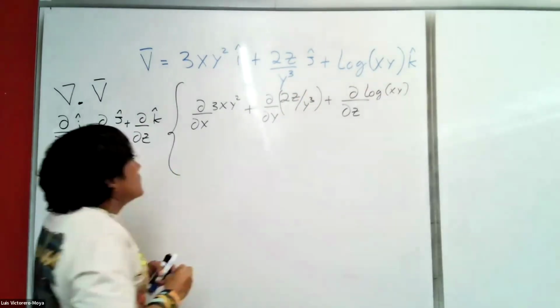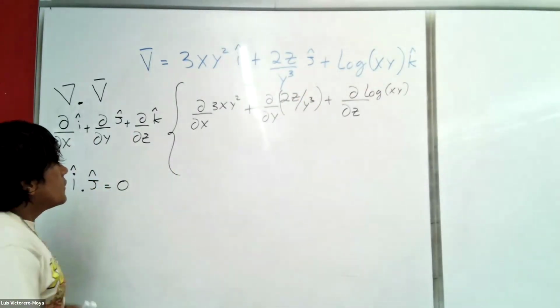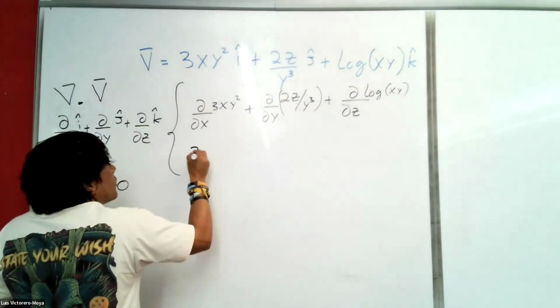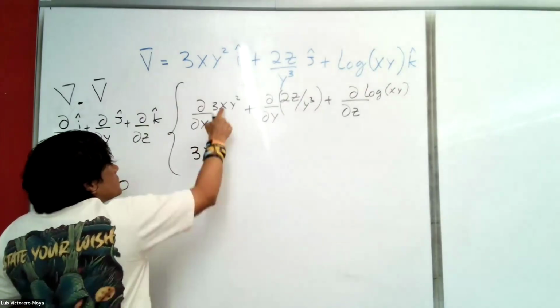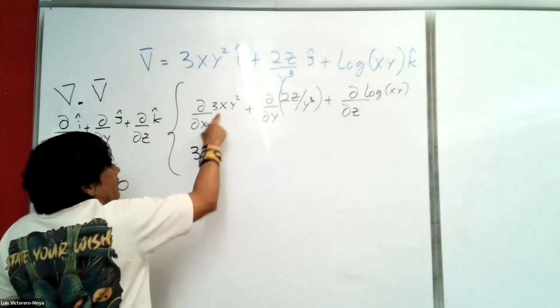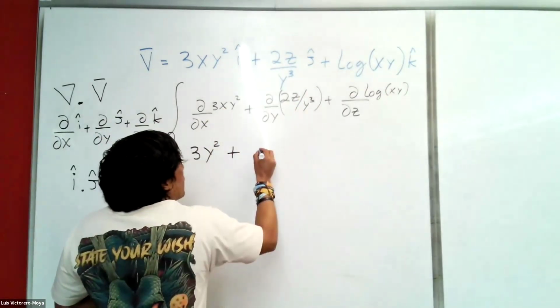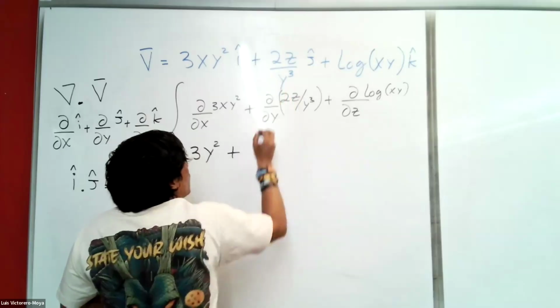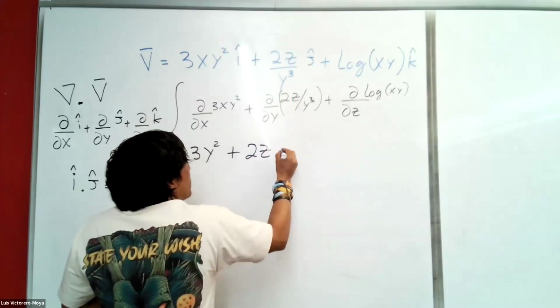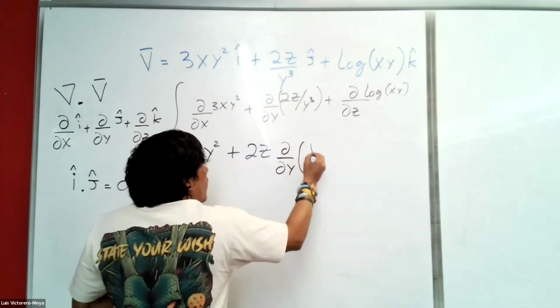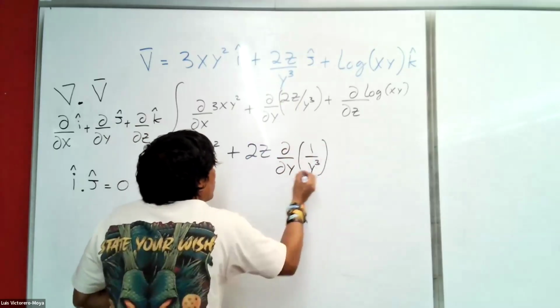Yeah. So with respect to x, just like we did before, y squared is constant, so 3y squared. So the derivative with respect to x is just 1 there, right? With respect to y, 2z comes out, the derivative with respect to y of 1 over y cubed, guys, is just a fraction, right?